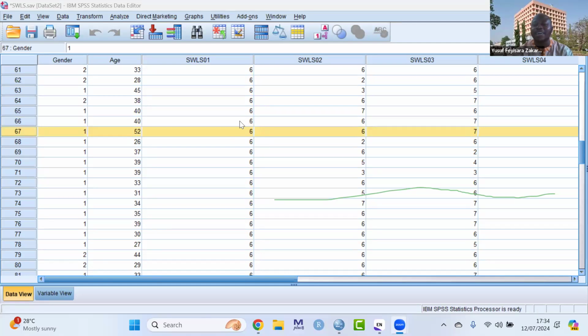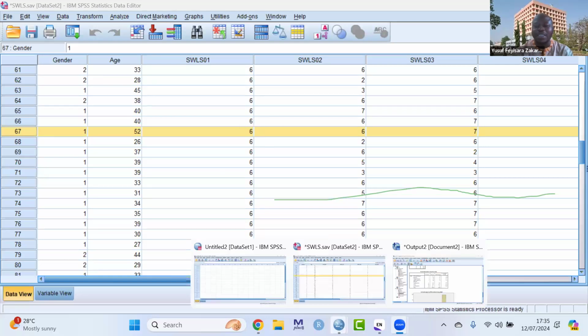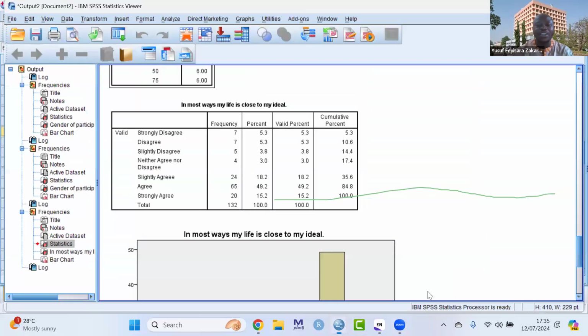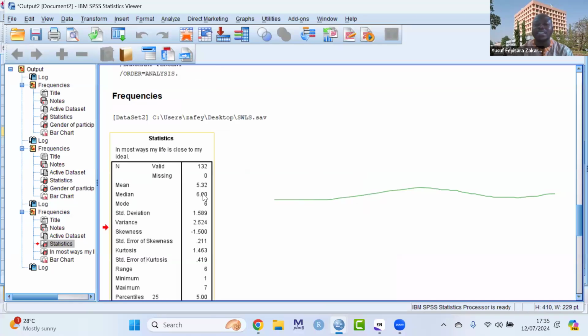That means by this calculation, the median is 6. Let's see what SPSS did. What is the answer from SPSS? The median is also 6.